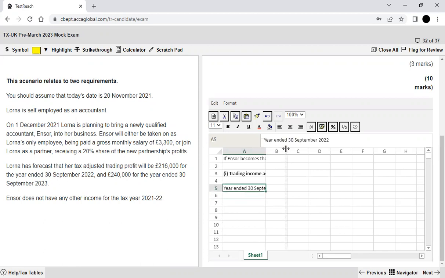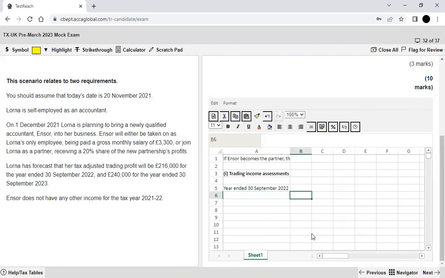There are two partners in the partnership, Lorna and Esnor. The tax adjusted trading profit for the year is 216,000.